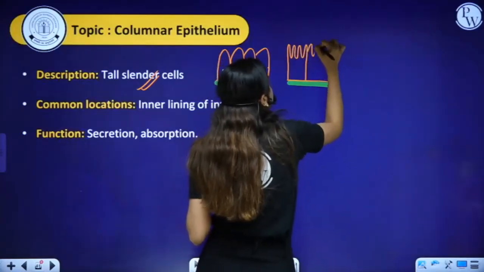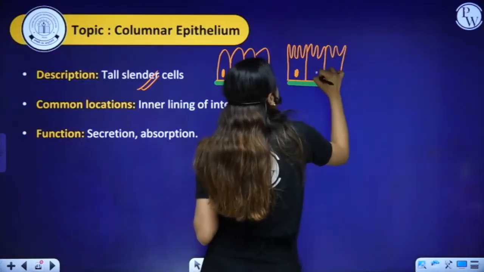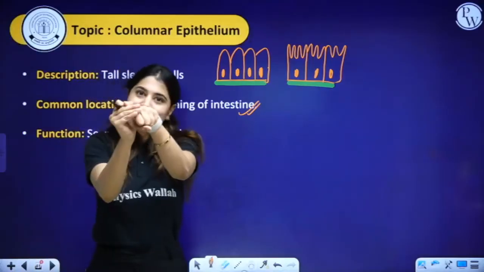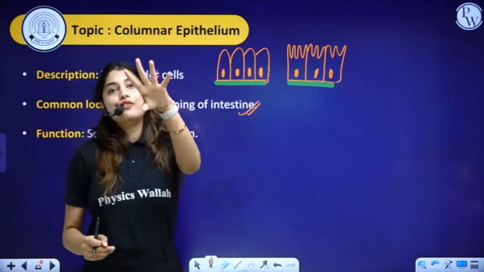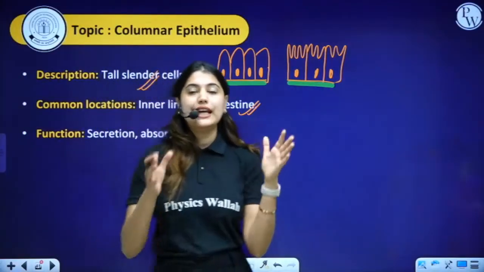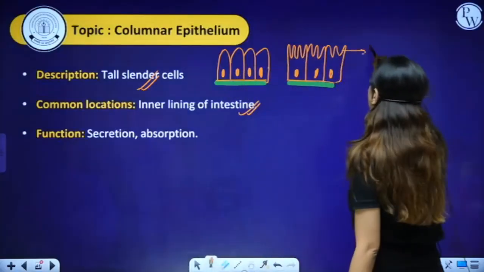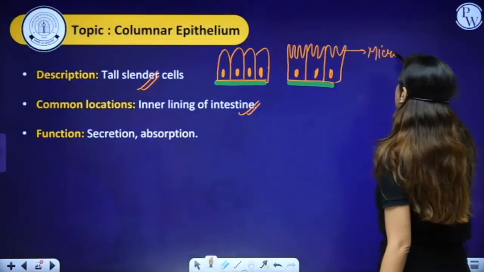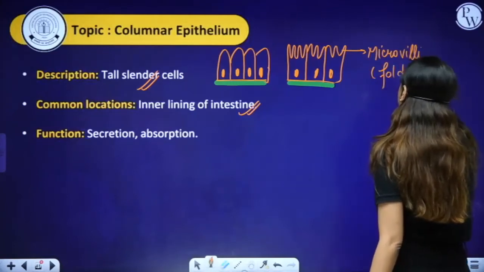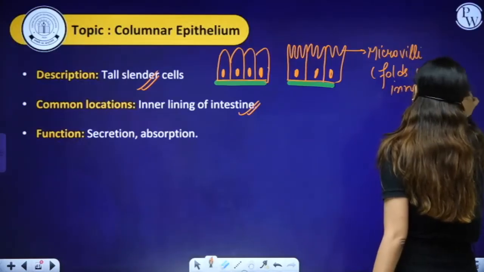Do you see these? Suppose it's flat, again the same concept, we are having folds in the plasma membrane, and these folds are called microvilli. So we can find microvilli, basically folds in the inner lining of the intestine.